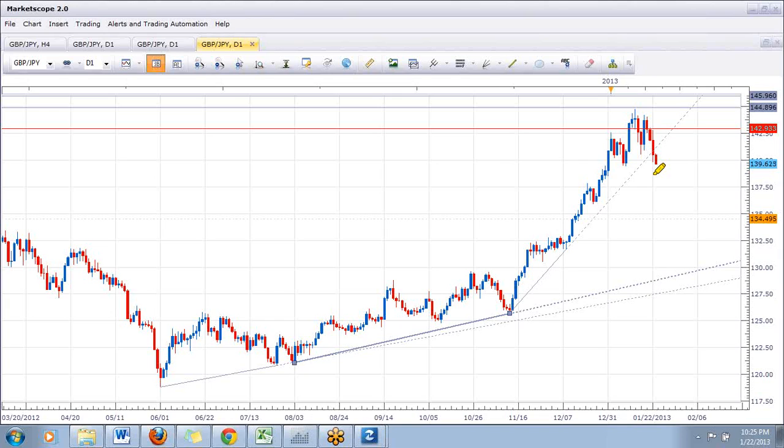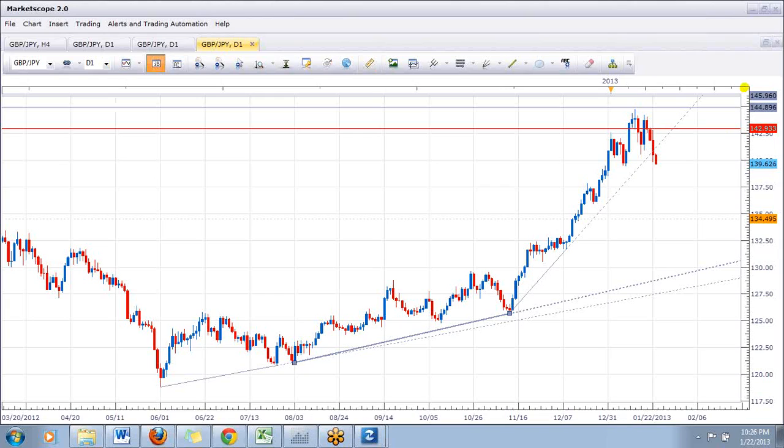That's the next one. However, we're going to see a minor correction somewhere before it can go to 14,198 or 180. And when that happens, this is also going to correct to the downside a little bit around here, just to give it a little. But if it doesn't want to, obviously, the market is the king. It can do whatever it wants to do. As far as we're concerned, it can continue to go to the upside.